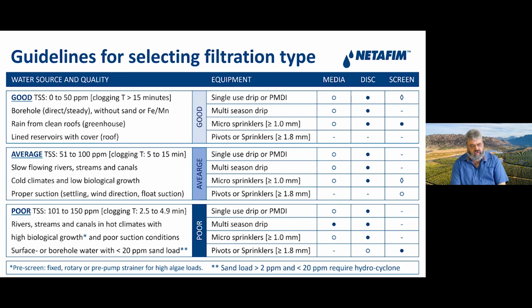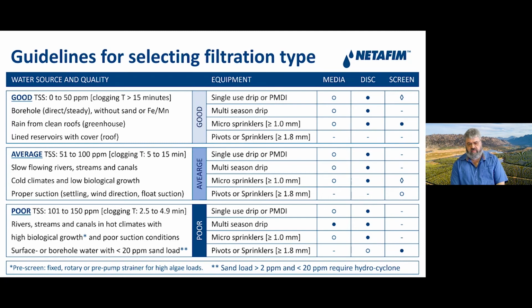When we go to poor quality water, now we're looking at rivers and streams in hot climate. With hot climates, normally you have higher biological growth that can take place. If that happens, then normally we will do something before the filtration. It can be a fixed screen or a rotary screen or a pre-pump strainer, anything like that.